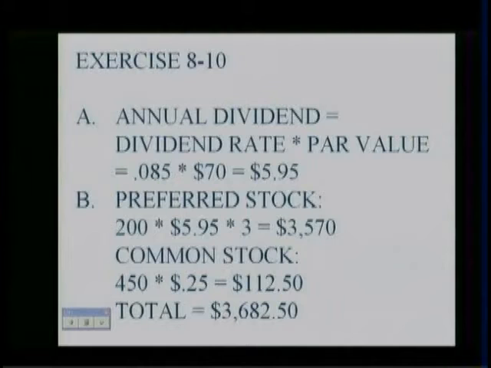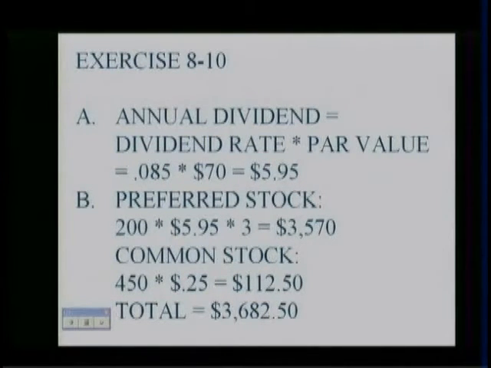The company had 263,000 shares of $50 par value common stock. In Part A, they want you to calculate the annual dividend for each share of preferred stock. We take 8.5% times $70. Each share of stock would receive $5.95 in dividend.